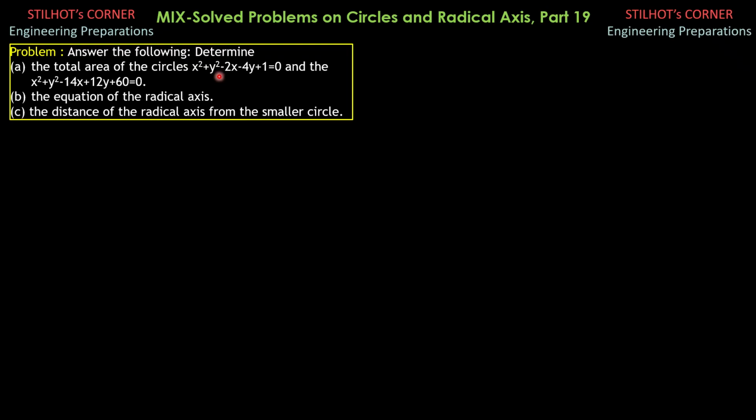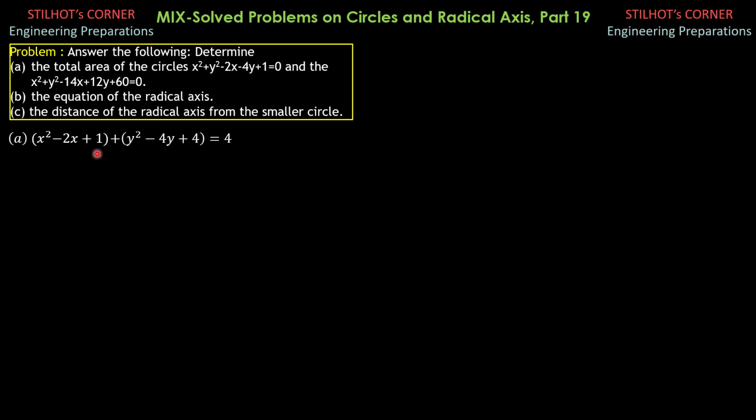For the first part, let's complete the square: x squared minus 2x plus 1, plus quantity y squared minus 4y plus 4, equals negative 1 plus 1 plus 4, which is still 4.